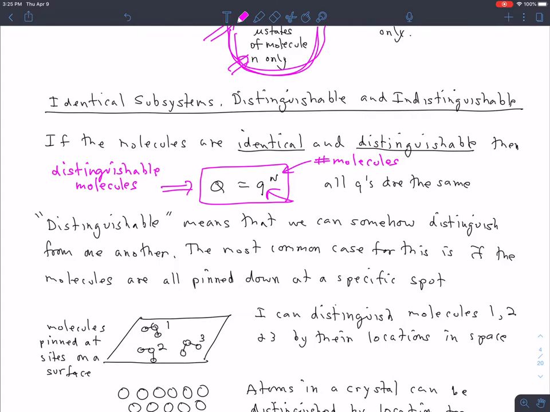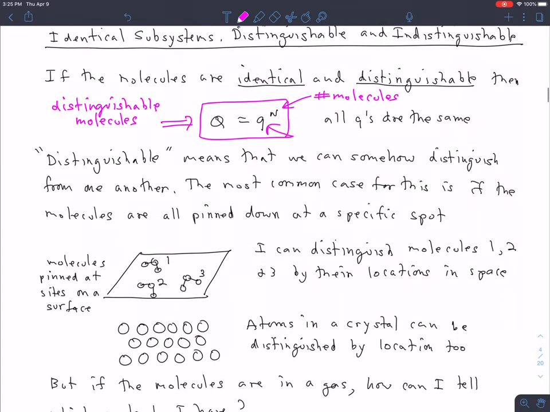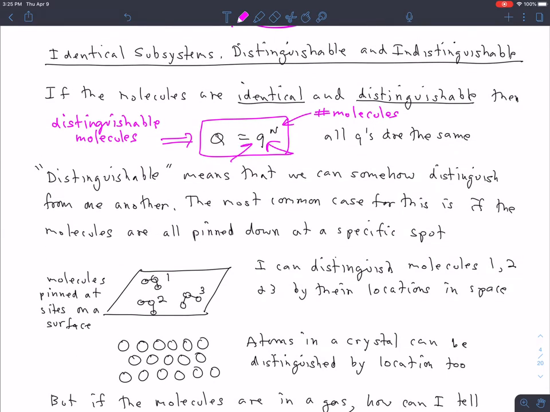There's no numbers on them, right? There's no labels on those molecules. You don't know which molecule you've gotten. If you let it go and grab another one, did you get the same molecule back again, or did you get a different one? You don't know. That means they're indistinguishable. The cases where you have distinguishable molecules are rarer than the cases where they're indistinguishable. This rule only works when they're distinguishable.